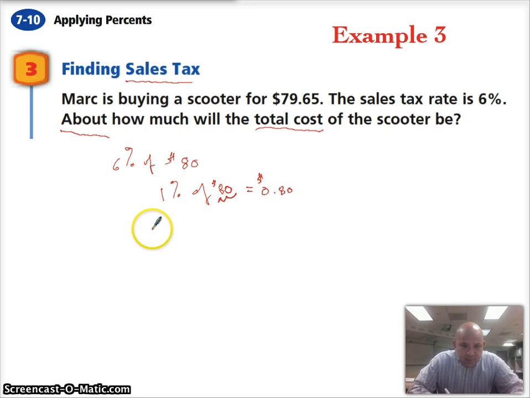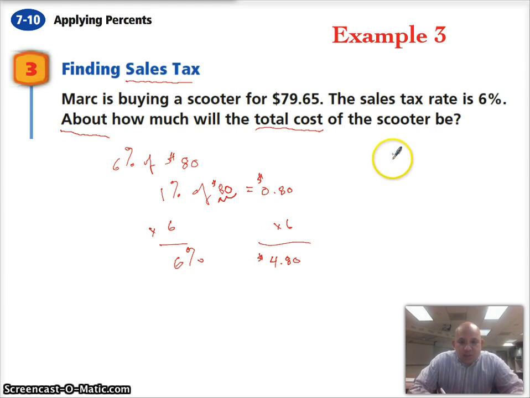Now, I know if I multiply 1% times 6, I'll get 6%, won't I? So I can multiply this by 6 as well, and I should get the total dollar amount of tax. So 6 times 80 cents is $4.80.